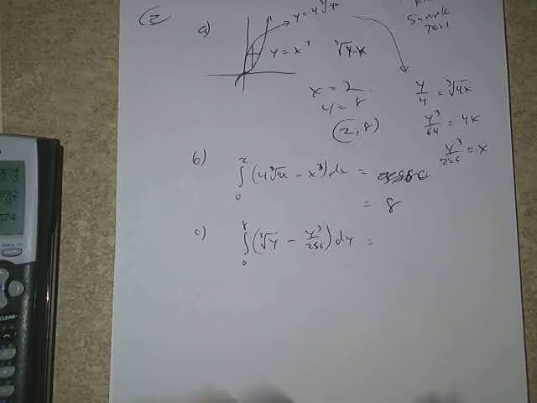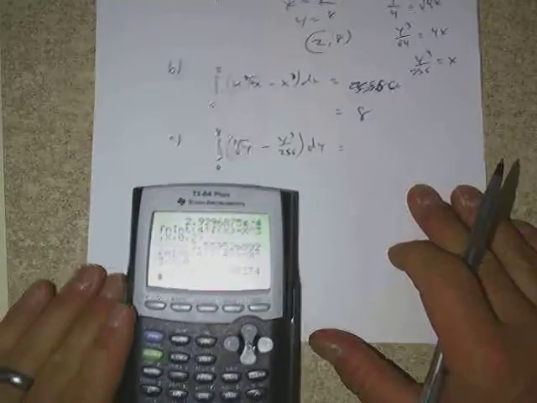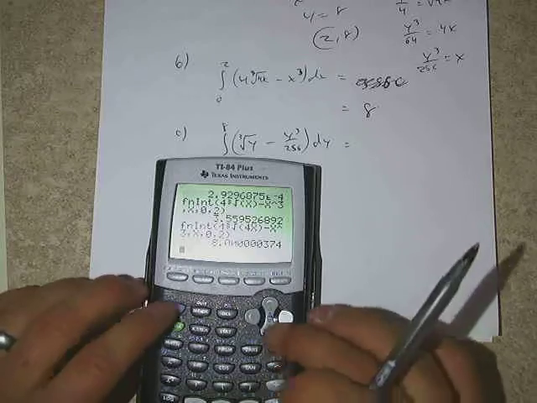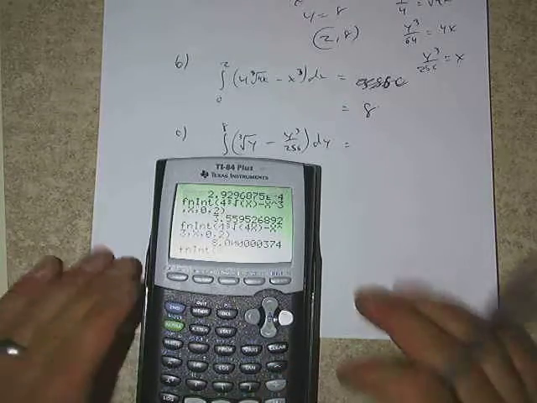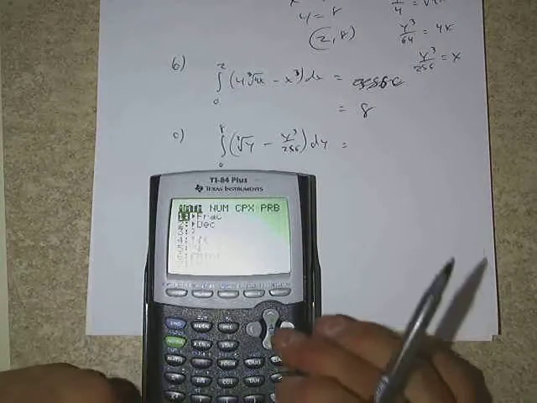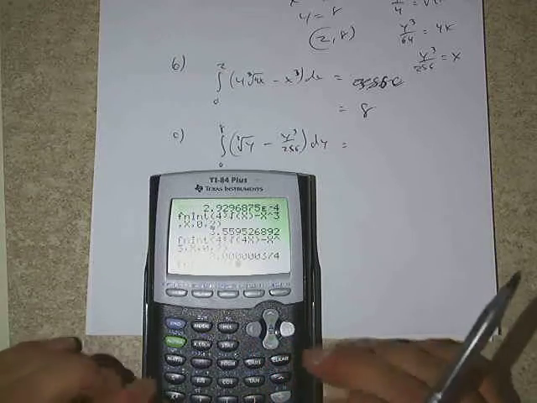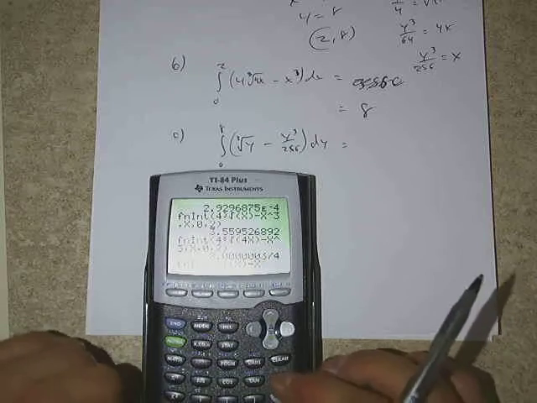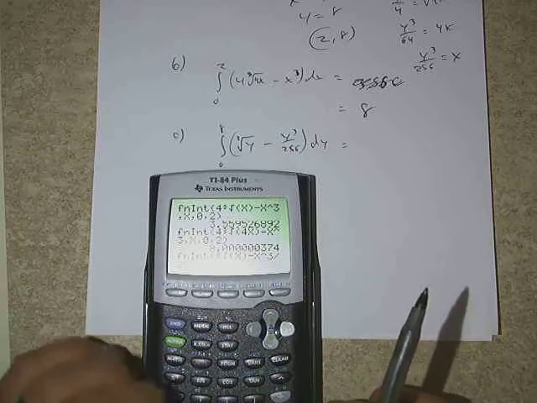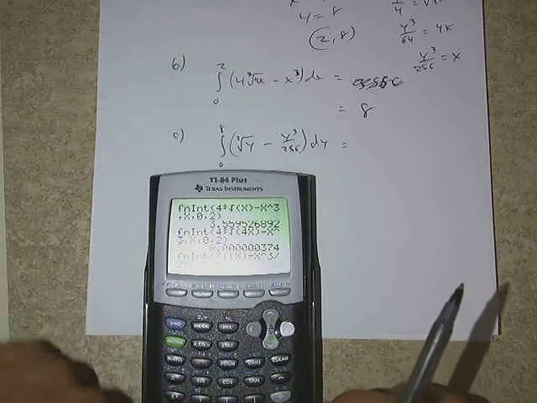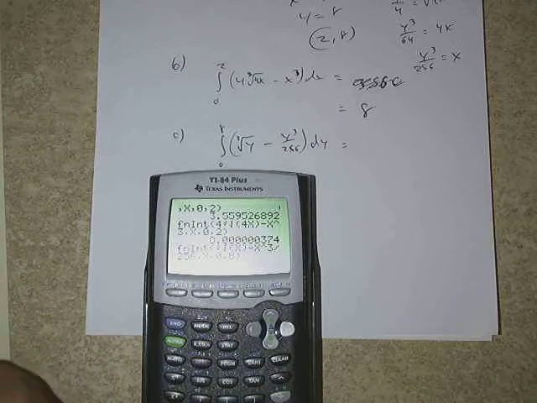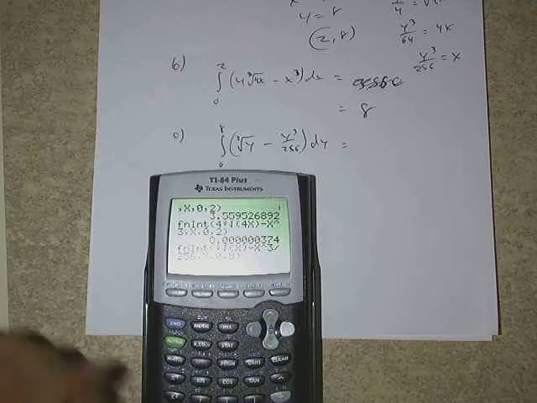And if we have done this correctly, then those two areas that we get should be the same, shouldn't they? So one's in terms of x, one's in terms of y. And one's going right to left, one's going up and down. And bottom line here is if we do our equation, we'll get the cube root of y this time minus y cubed over 256, from 0 to 8.